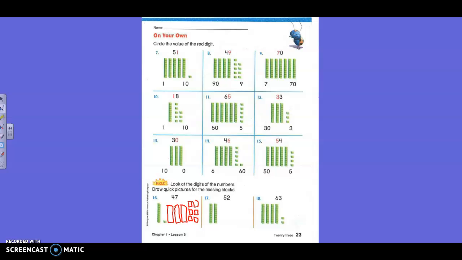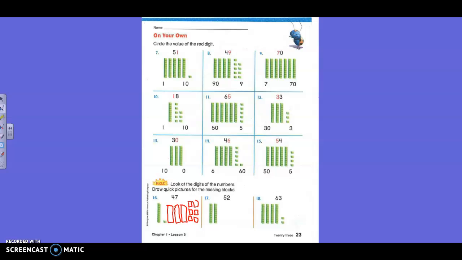Okay, number 7, 52. What do we need? All I have is 2 tens. How many tens do we need for 50? Yes, Claire?